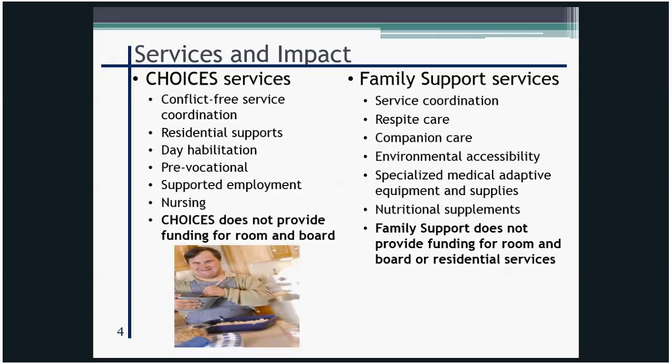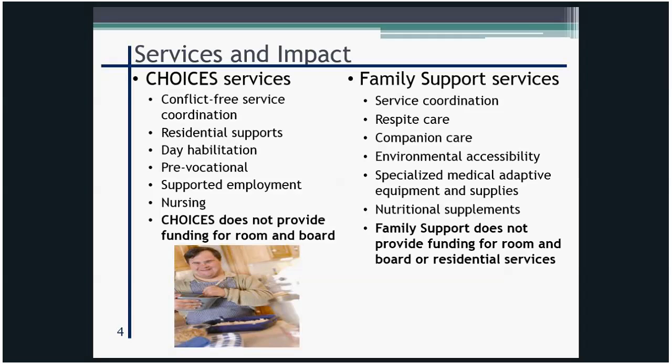once a child, and it kind of goes back to my Brandon example, the families in Brandon. Once a person transitions to Choices and they get caught up in those high intense round the clock facilities like a group home, they tend to not have a way out, and we're hoping that with conflict-free case management, we see more people transition out of group homes, because you have that third-party advocate saying, wait a minute, this person doesn't really need a group home.